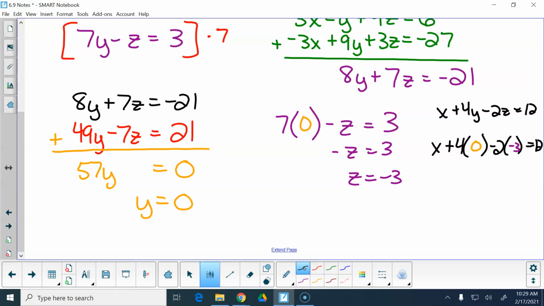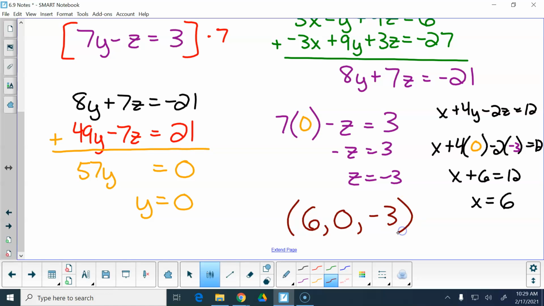So that's going to be x plus 6 equals 12. So x is 6. So my potential ordered triple is 6, comma, 0, comma, negative 3.